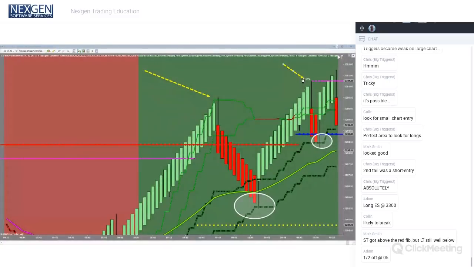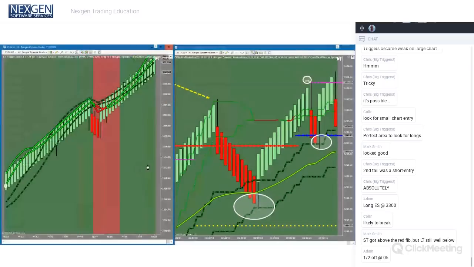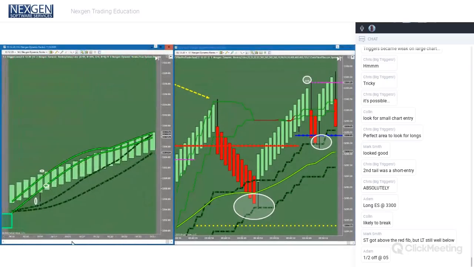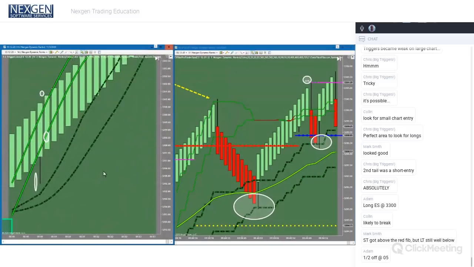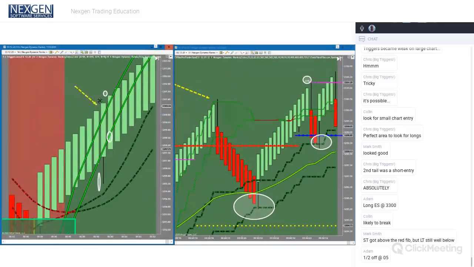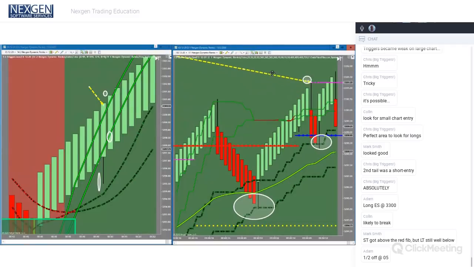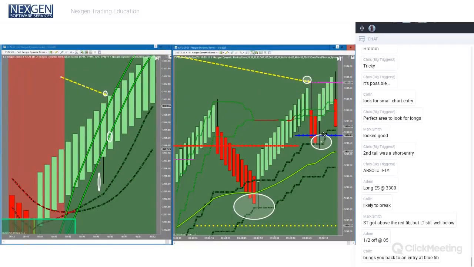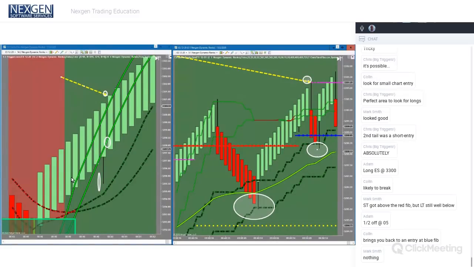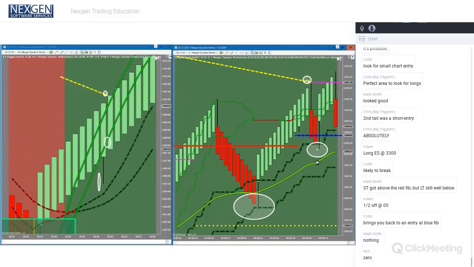So what does this divergence do when the triggers are really strong on both charts? Think about it. When the triggers look like this on the left and this on the right, what does the divergence do? Absolutely nothing except scare new people.